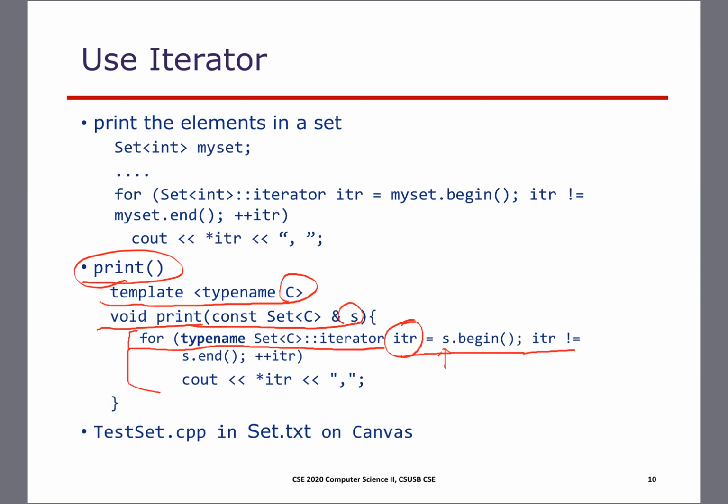If the iterator is not equal to s.end, we print out the element of this node, and then we increment the iterator. This is very important. We move to the next node in the in-order traversal sequence. Okay, this is how we use an iterator to print every element in the set.